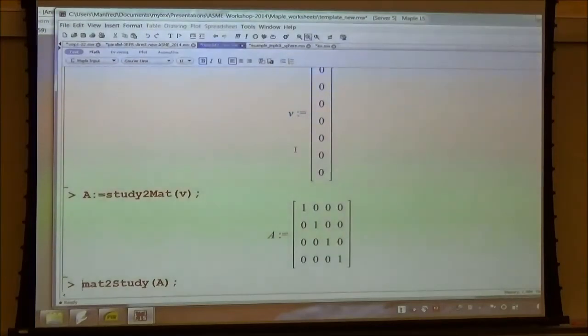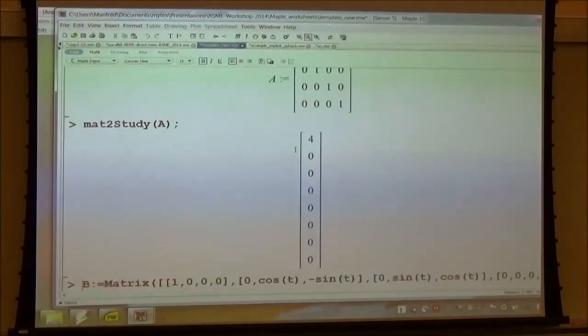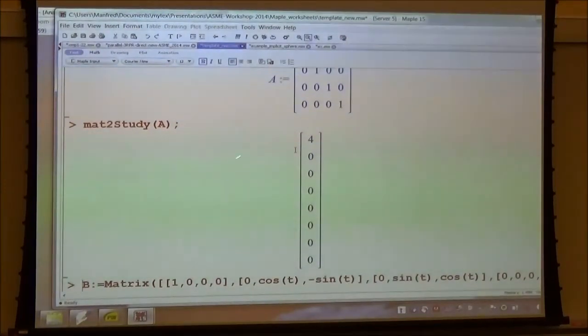And there is also another command which does the inverse. You give it a matrix from the Euclidean group, mat2studi, and it does this. Interesting enough, because of how this is implemented, you get 4, 0, 0, 0, but this is homogeneous. You can divide by 4 and you have 1, 0, 0, 0.